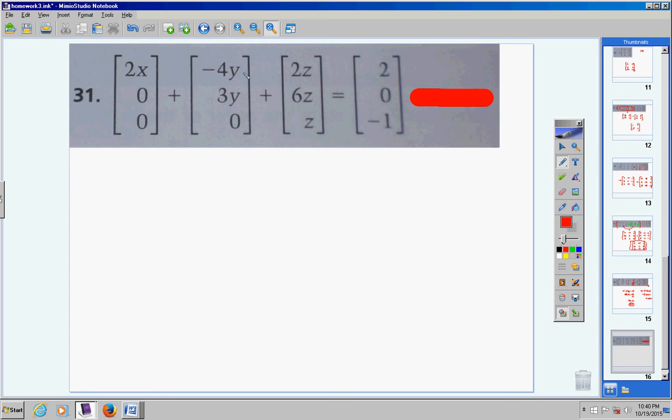I mean, we can set this up, look. 2x plus negative 4y plus 2z equals 2. Now let's fix this real quick. A positive negative 4y makes it a negative 4y. Alright? So let's get rid of some of this and just make it a negative 4y.